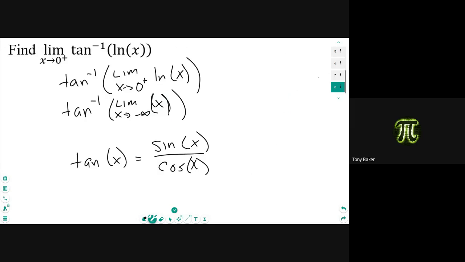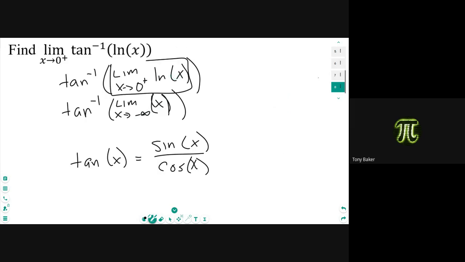From as x approaches 0. I didn't see that you switched it to as x approaches negative. Correct. Okay, that's fine. You understand tangent? Go back to this one, because this is going to negative infinity.